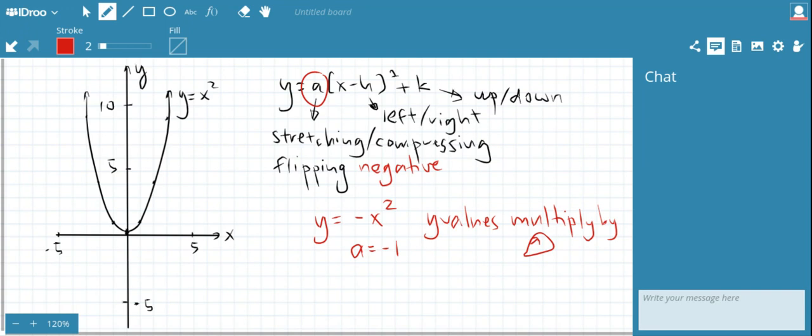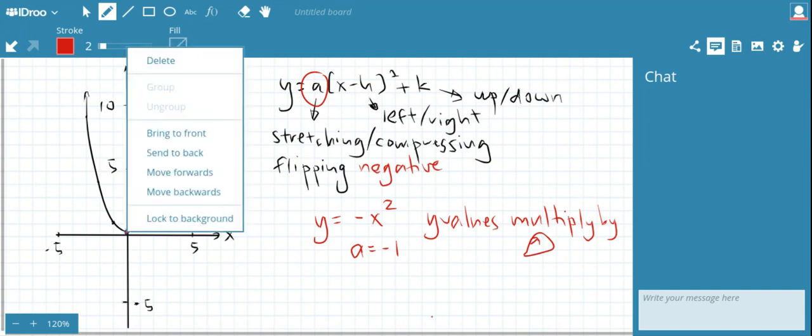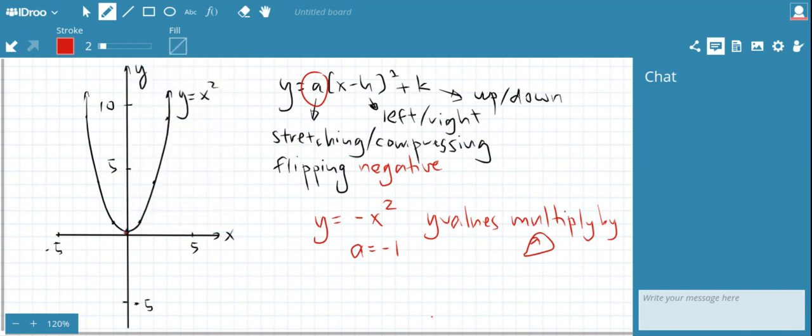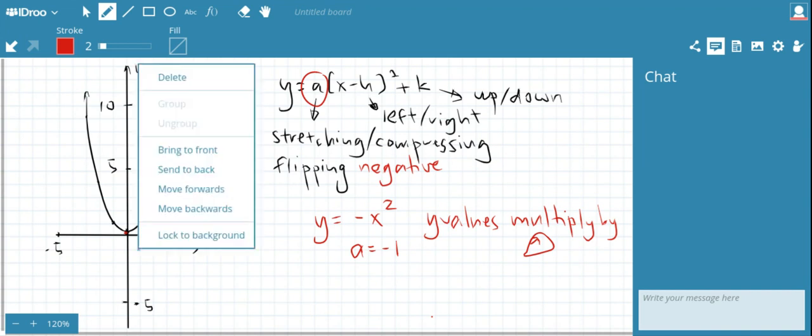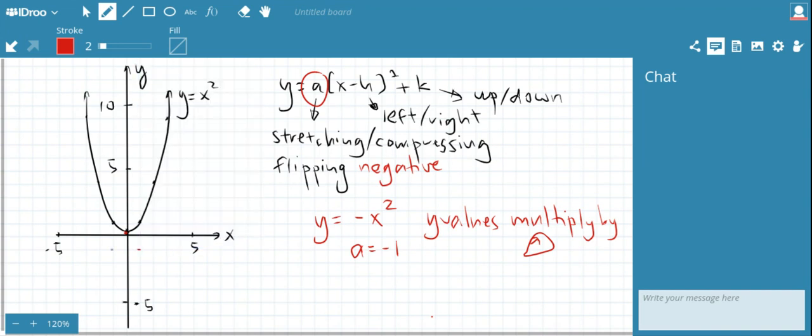So to find the new points, I'm going to multiply all the y values by negative 1. Here, y is 0, so 0 times negative 1 is 0. Here, y is 1, so 1 times negative 1 is negative 1. 4 times negative 1 is negative 4.